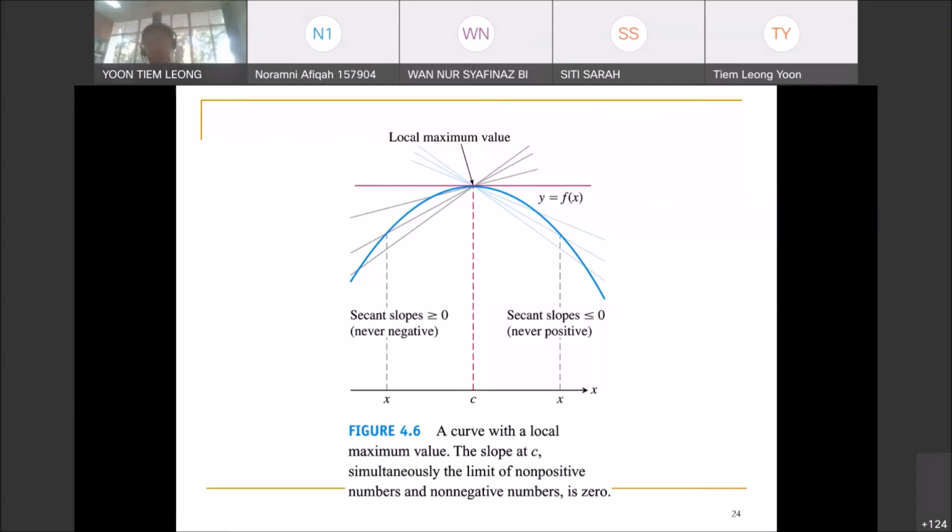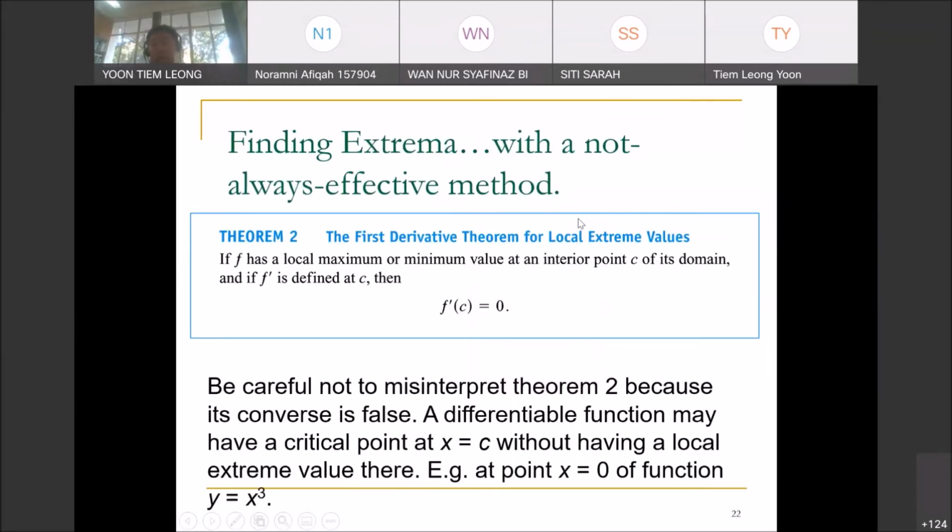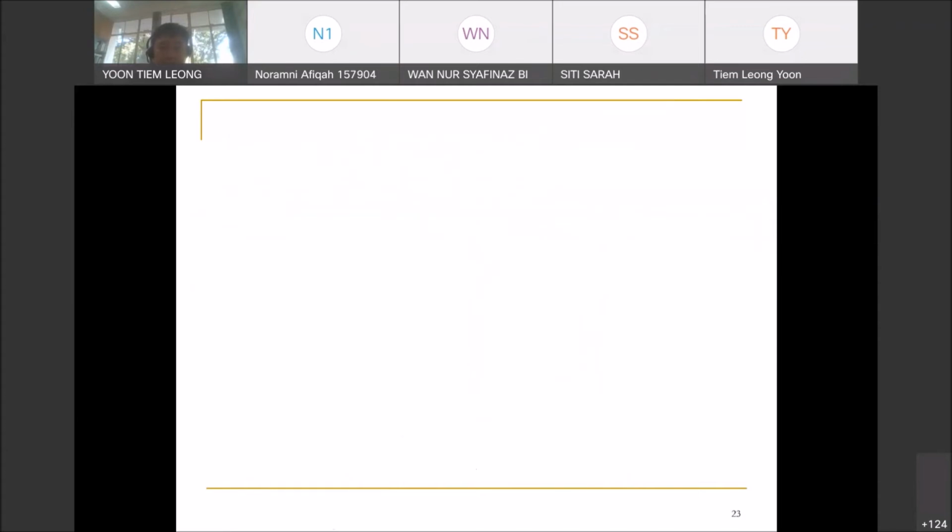When it changes sign, the slope must cross the 0 value. So that is what this theorem is about. It says if there is a local maximum or local minimum, then the slope at that local extremum must be 0. Okay, so this illustrates the situation.